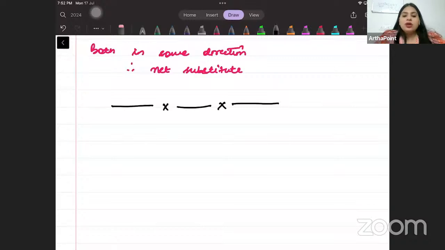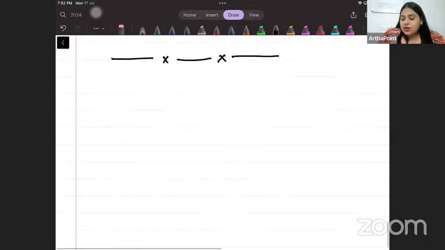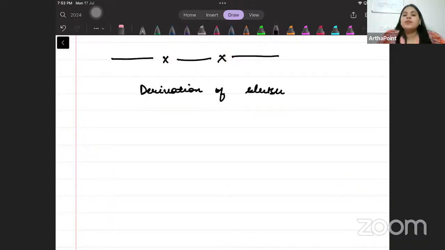Now, let us go ahead and talk about the decomposition of Slutsky. ठीक है, so इसको हम लिख सकते हैं derivation of Slutsky. This is one way of understanding it.